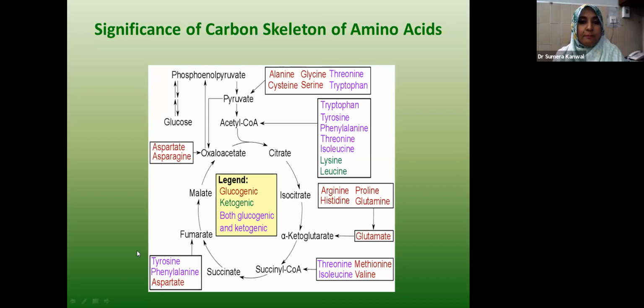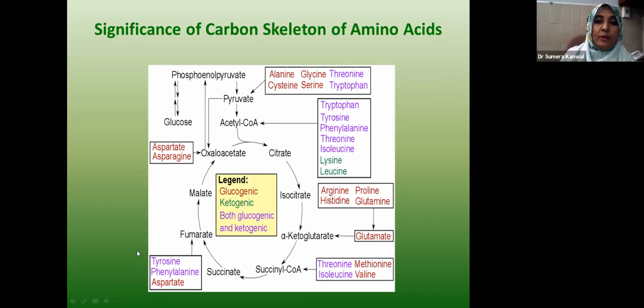So this is the significance of carbon skeleton that is coming from the degradation of amino acids. This carbon skeleton can enter into the TCA cycle, can enter into gluconeogenesis, or if the carbon skeleton is acetyl-CoA or acetoacetyl-CoA, then it can be utilized for fatty acid synthesis or for the formation of ketone bodies.